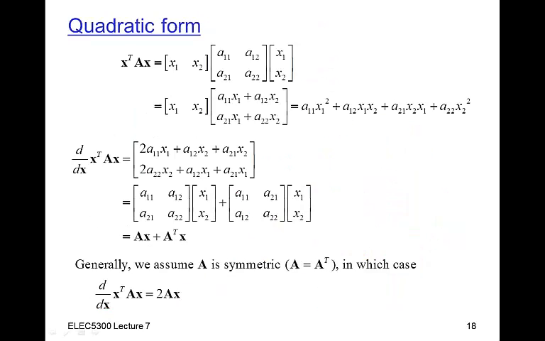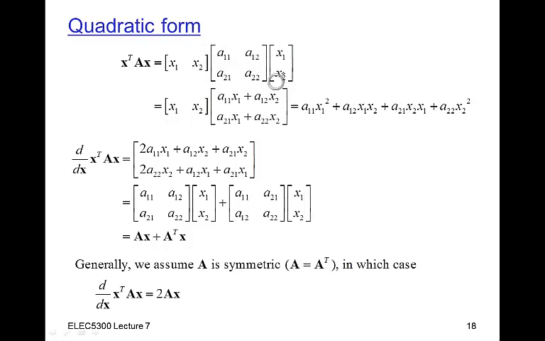Things become a little bit more difficult when we talk about a quadratic form. When we have a quadratic form, we're generally speaking about an equation like this, x transpose times A times x, where again in the simplest case we're thinking about a 2D vector, x1 and x2, and in that case A is a 2 by 2 matrix.